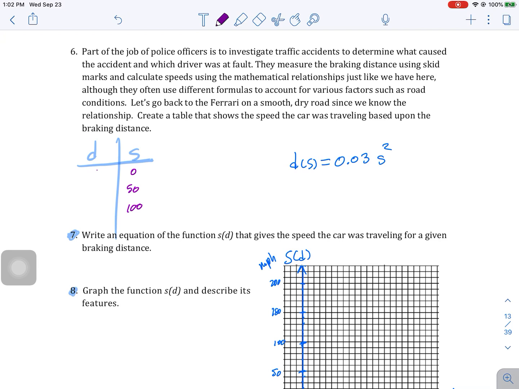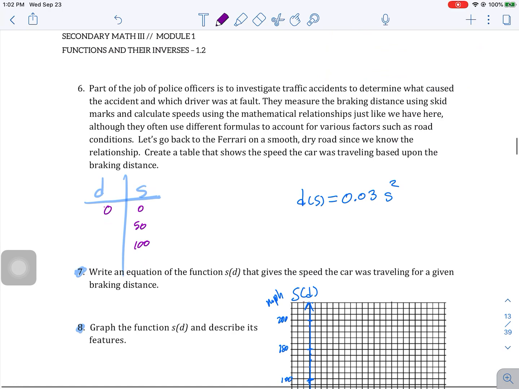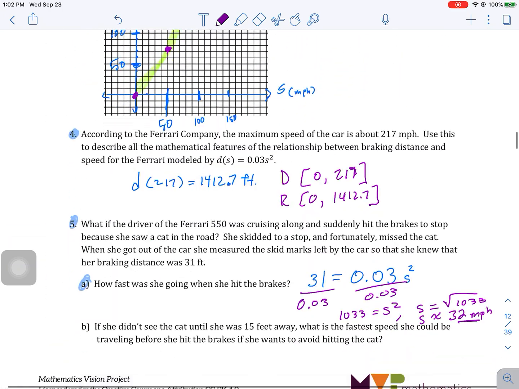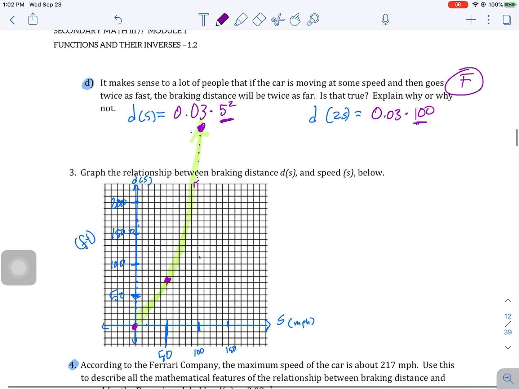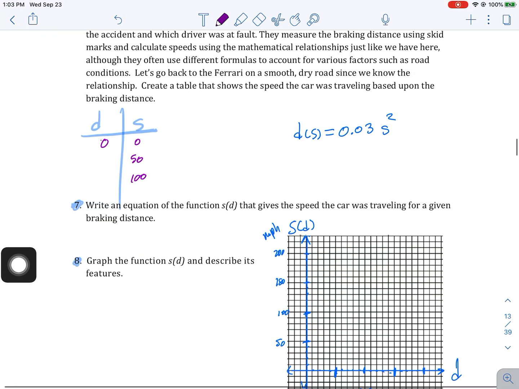Okay. Let me try it again. So I've got, what happens with the speed of 50? And I can actually get this from up here, right? I don't need to calculate it again. So at 50, I got 75 here. So when the speed is 50, it was 75 feet.